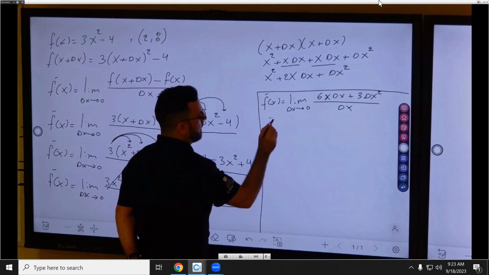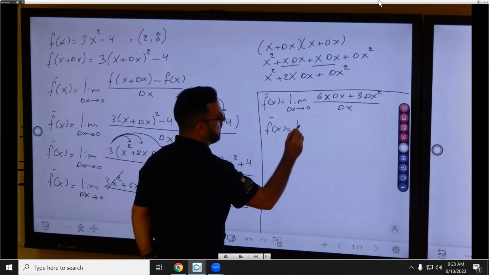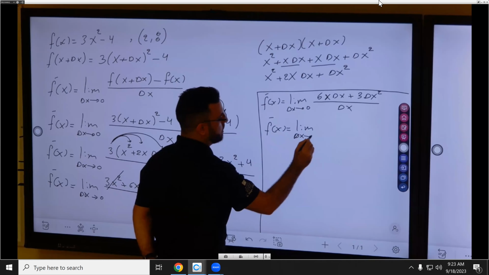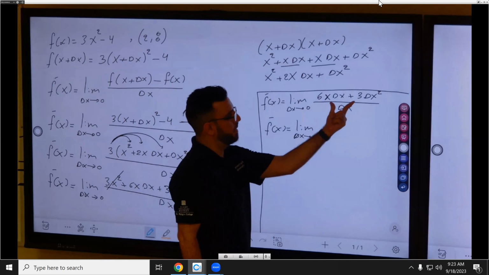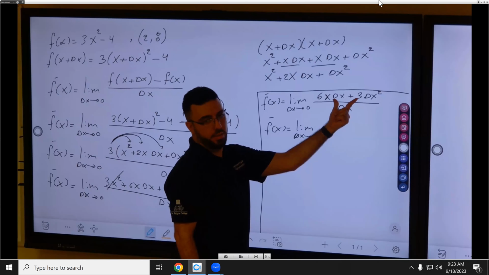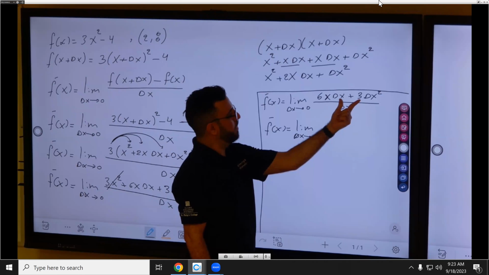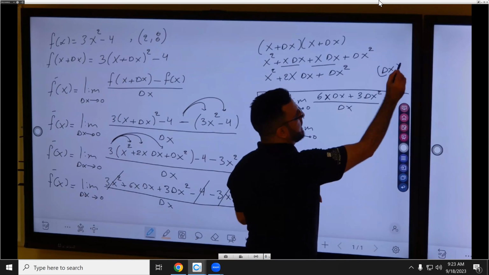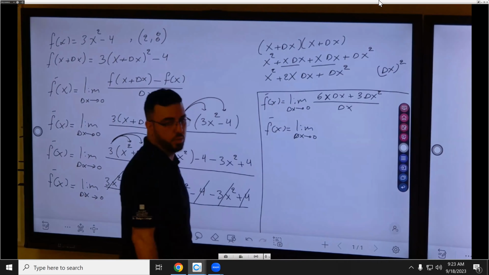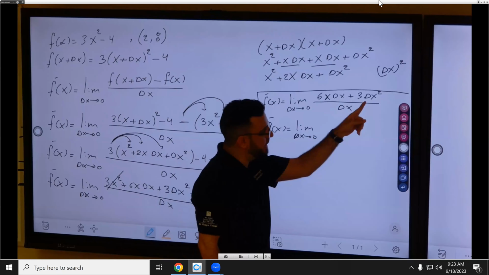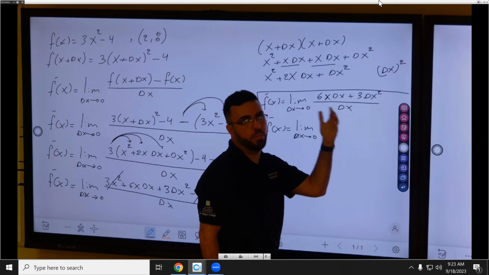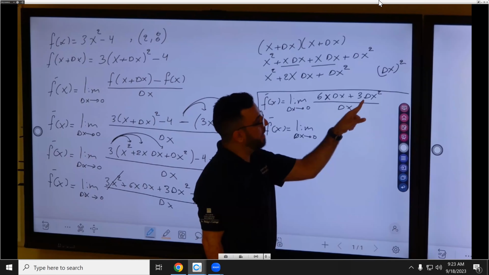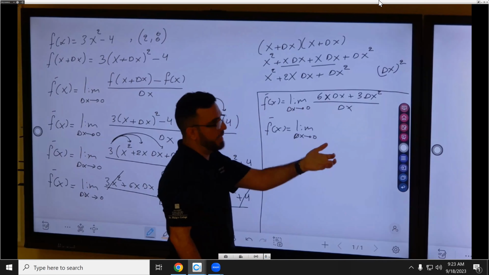That means the limit when delta x approaches 0. What am I going to do here? Do I have a common factor? Delta x times delta x means delta x squared. Don't confuse yourself. It's not just delta, because there is no variable delta. So you can cancel out one delta. That means I'm going to take delta x as a common factor.